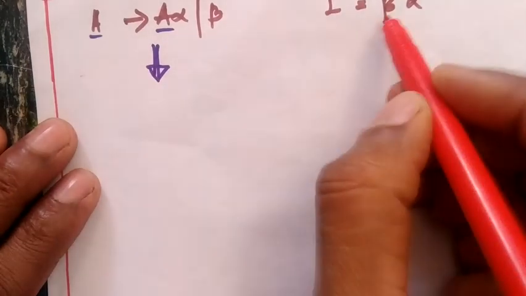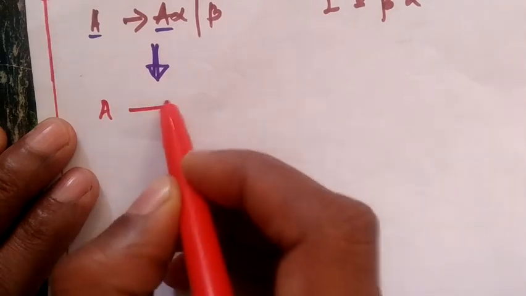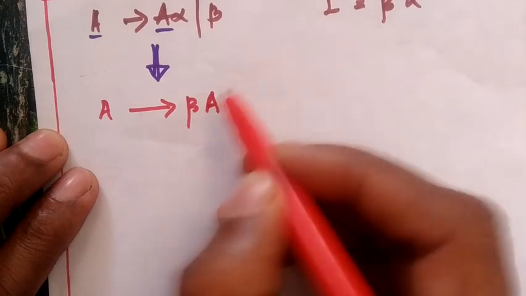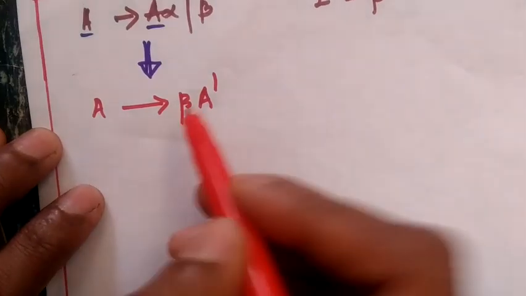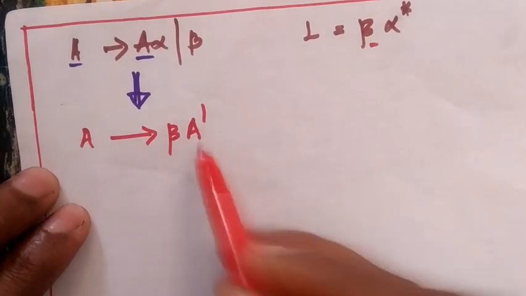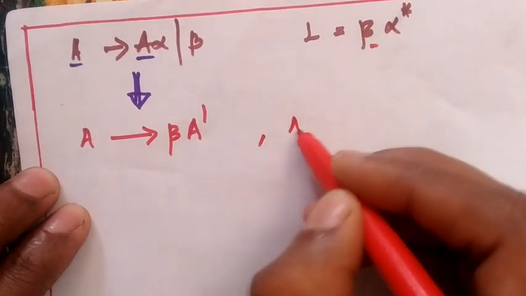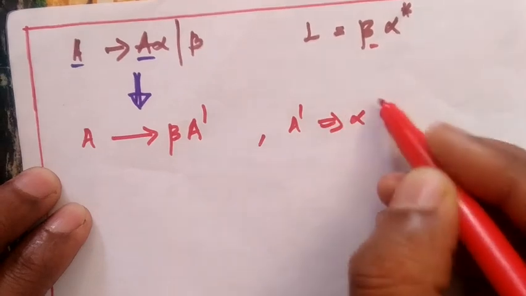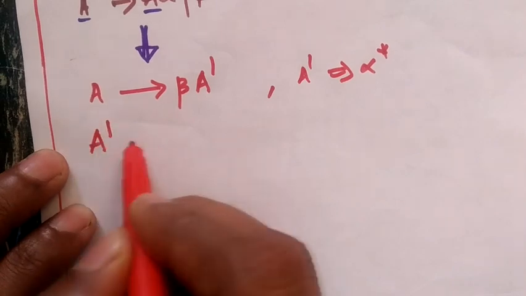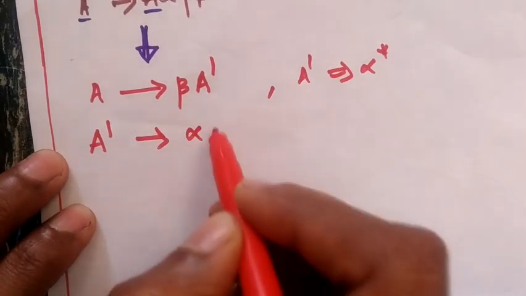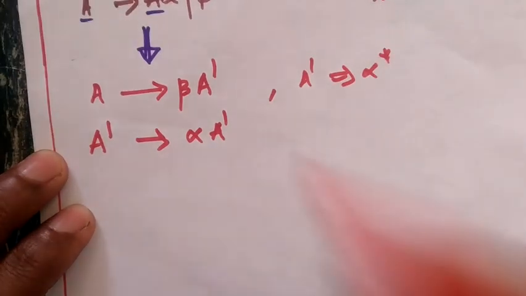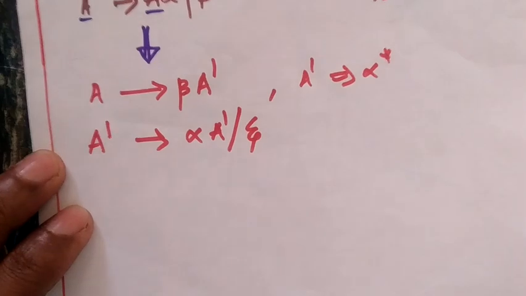See, at least one beta is there, so I need to write beta followed by A dash. That means one beta, this beta is okay. Then A dash will derive alpha star. For that purpose, A dash gives alpha A dash. We know that alpha star contains the empty string, so that's why epsilon I will also include.